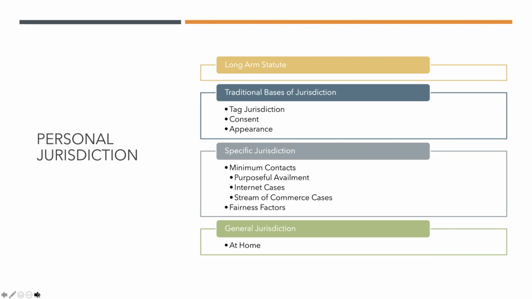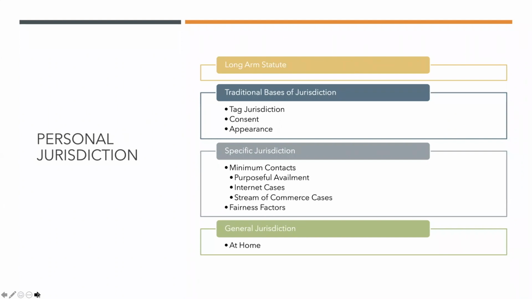There might be an issue in an analysis of purposeful availment. There also could be an issue dealing with the internet and whether posting something on the internet created minimum contacts, which is something I learned in class. And then there's that other subset that could potentially come up in a fact pattern, the stream of commerce cases. So I also want to have that prepared.